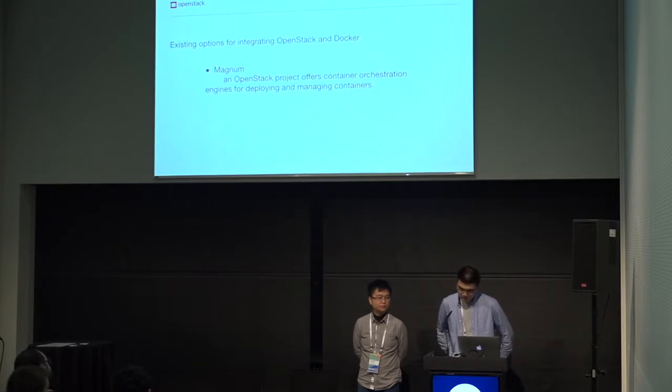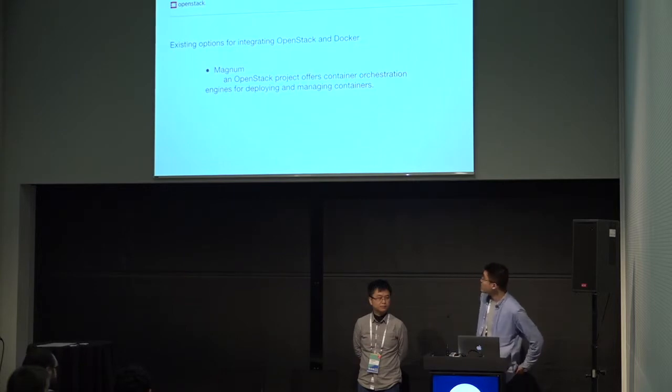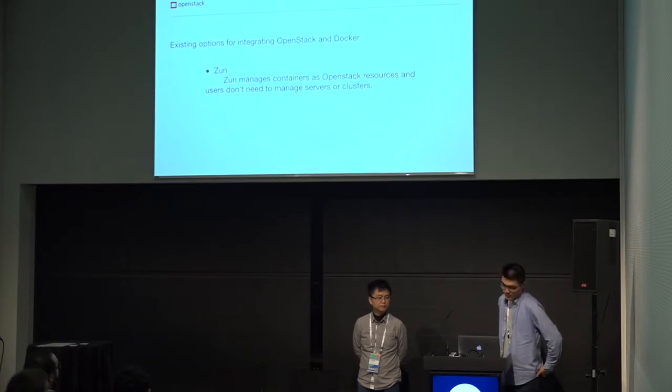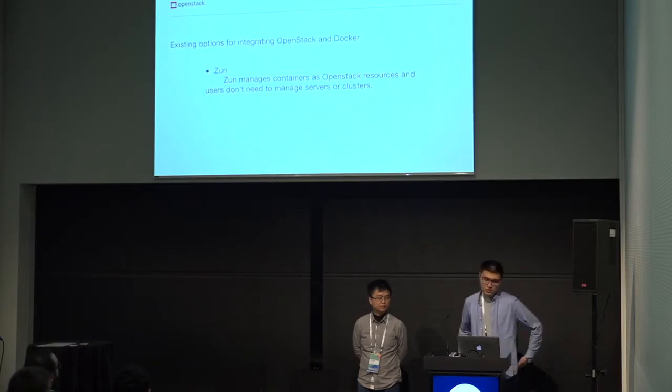Actually, Magnum is mostly focused on the cluster deployment of containers, and Zun manages the containers as OpenStack resources, and users don't need to care about the servers and the cluster.